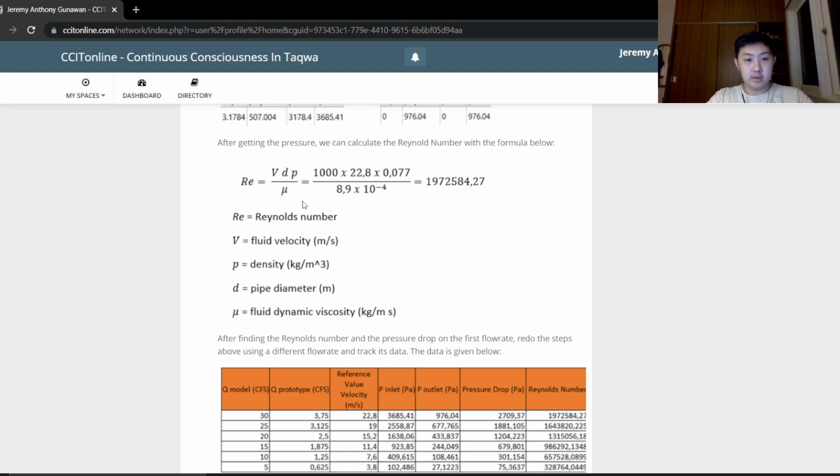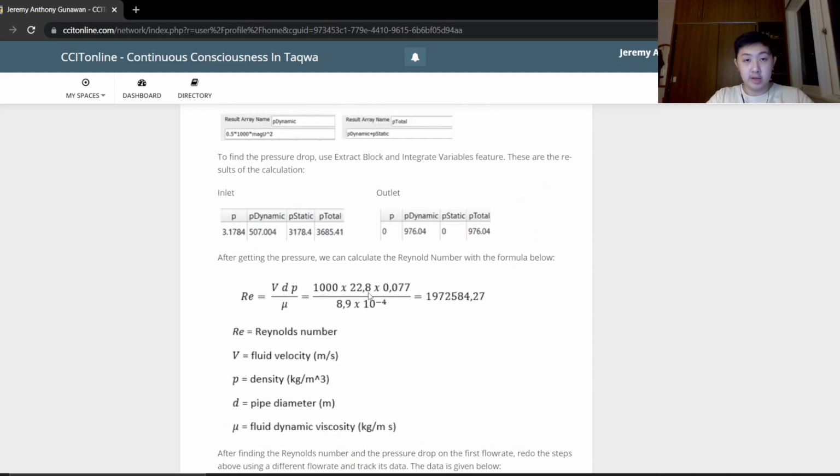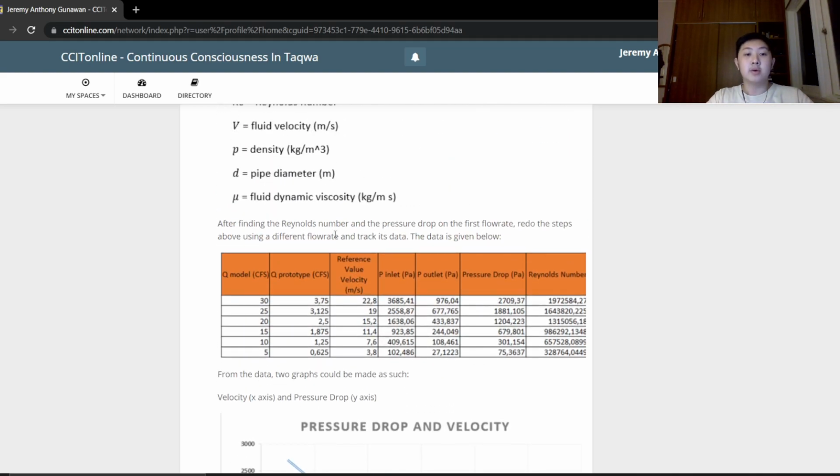Then we can get the Reynolds number for the 22.8 meters per second speed, which is 1,972,584.27. So that was 30 CFS from the Q model. And then we'll find a few more just to make it more accurate. We'll change to 25, 20, 15, 10, 5, and then we can get this data here.